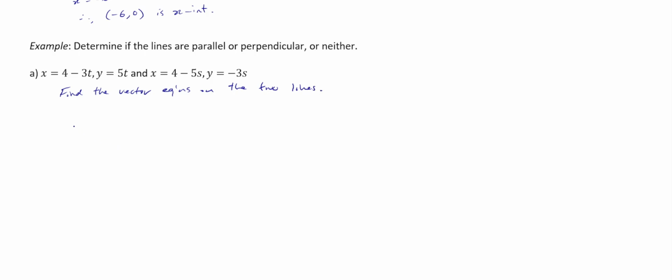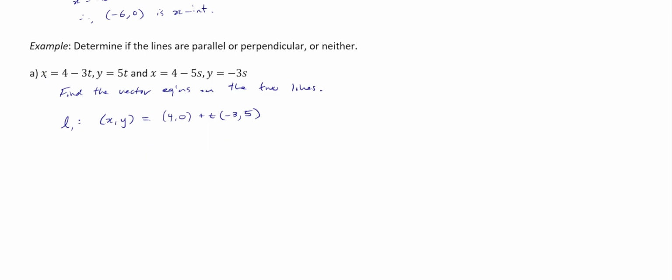So this right here represents line 1. Any x, y value on line 1 could be defined as (4, 0) plus t times (negative 3, 5).